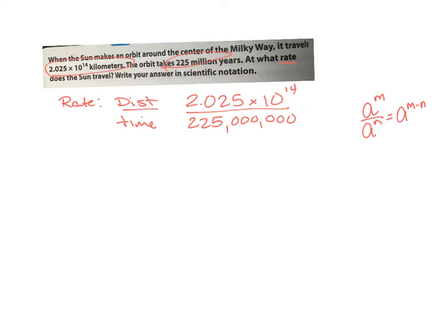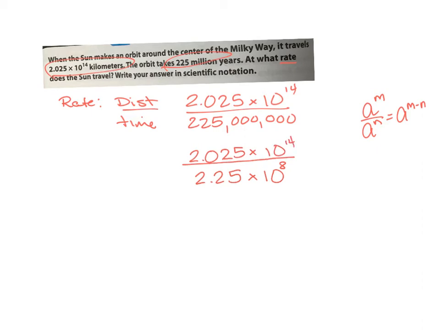So I'm moving this decimal from the end in 3, 6, 7, 8 spots. So this is now going to be 2.25 times 10 to the 8th power. I'm putting that 2.025 times 10 to the 14th back on top again. This is a division problem.